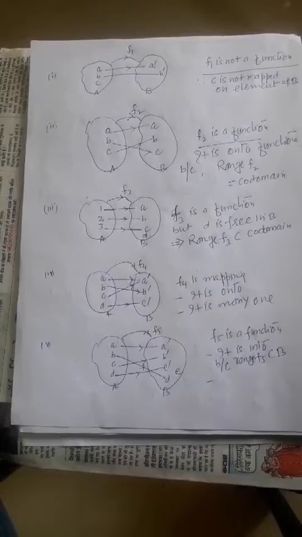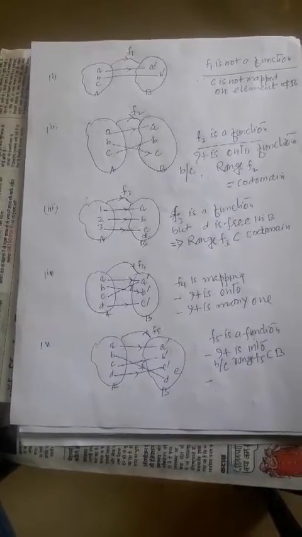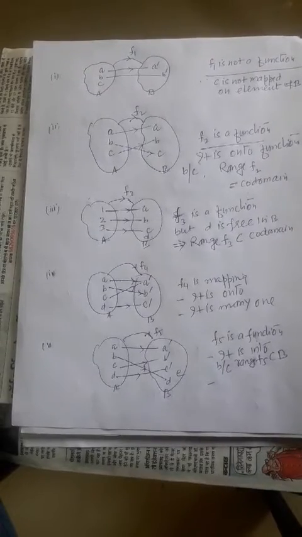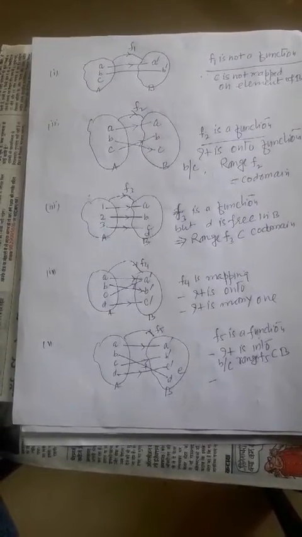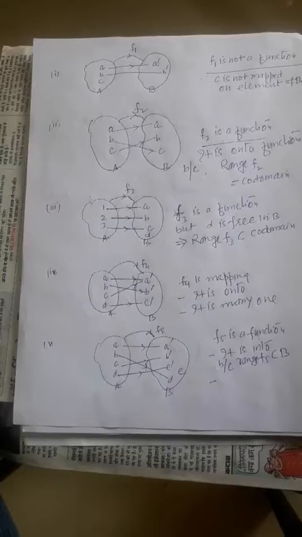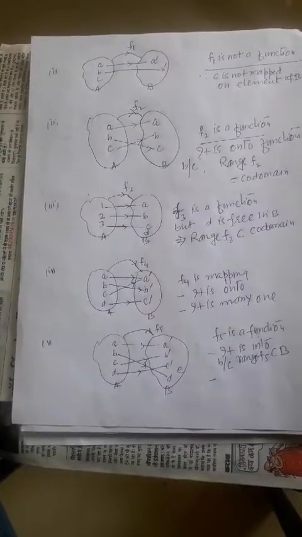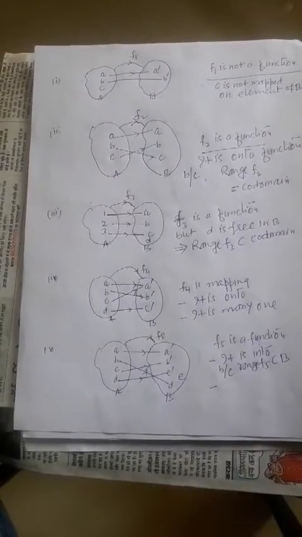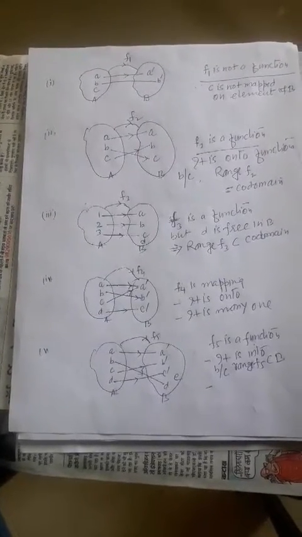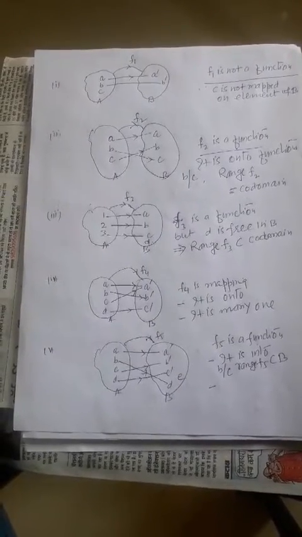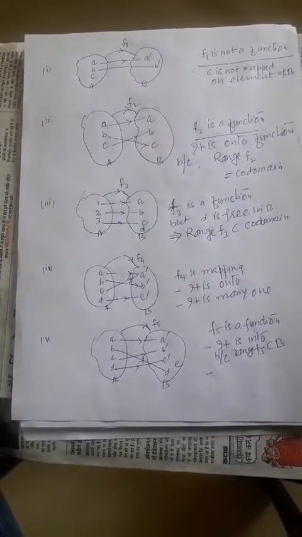No element is free in the set B, so it is onto. Here a and c are mapped over a'. So more than one element from the domain is mapped over a single element of the codomain, so it is a many-one function. So it is a many-one onto function.